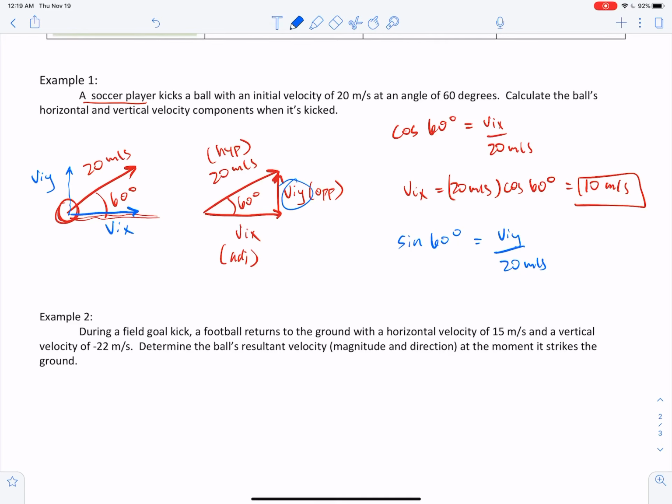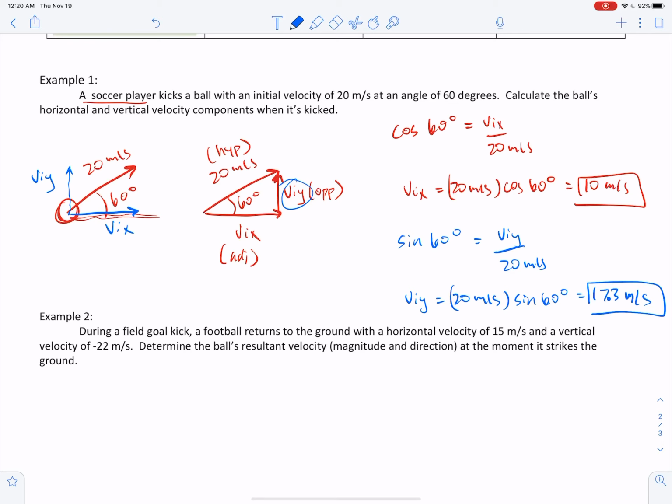Multiplying both sides by 20 tells me that VIY would be 20 meters per second times the sine of 60 degrees. Again, make sure your calculator is in degree mode, 17.3 meters per second. Okay, so this is 10 meters per second. This is 17.3 meters per second.